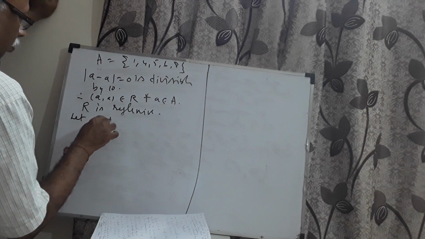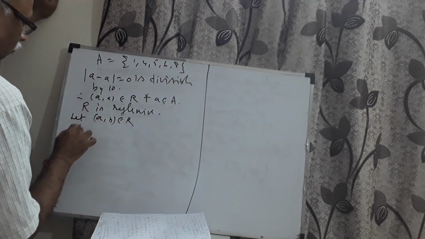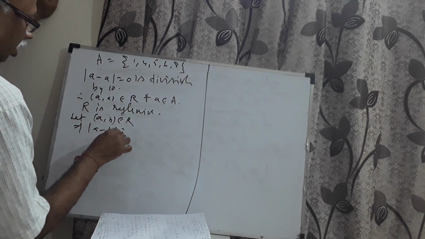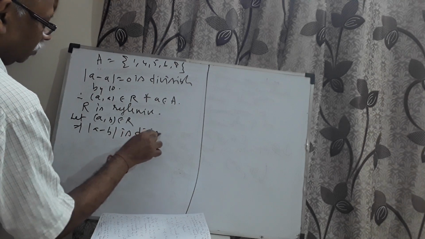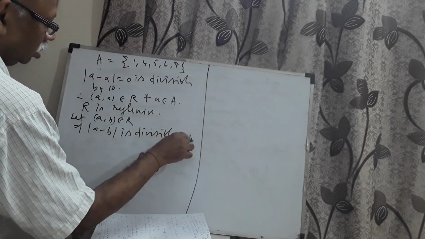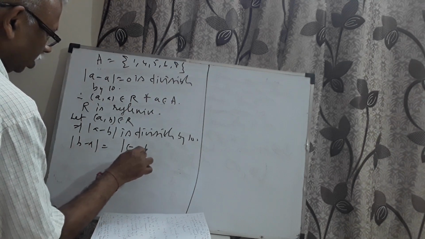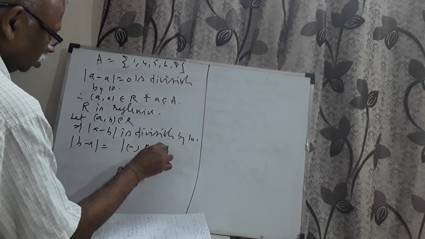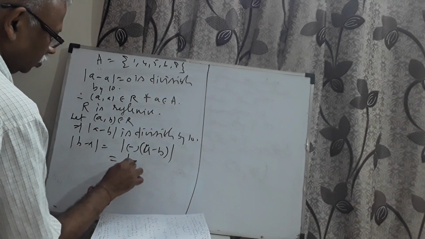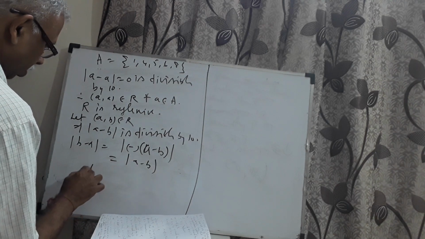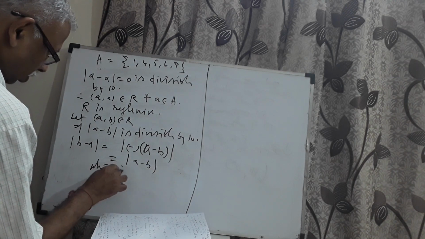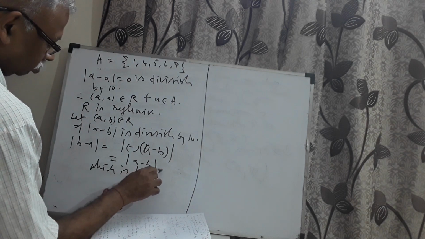Let (a, b) be an element of R, which implies mod a minus b is divisible by 10. Therefore, let me think about mod b minus a, which is mod of minus of a minus b, which is equal to again mod a minus b, which is divisible by 10.